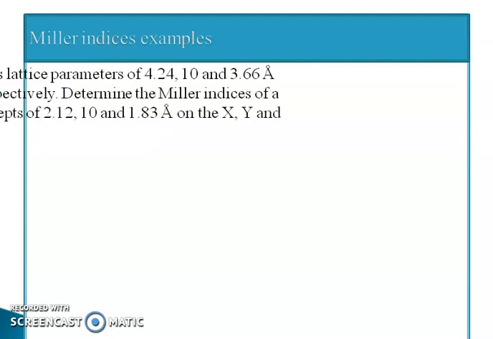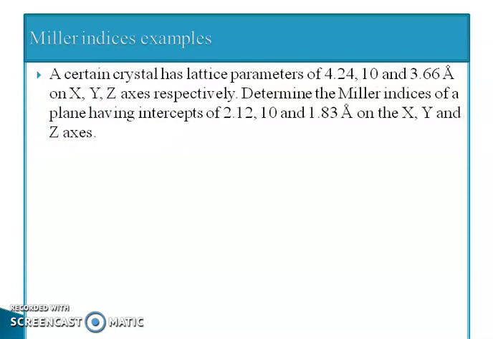This is one of the examples: a certain crystal has lattice parameters 4.24, 10 and 3.66 angstrom units on the x, y and z axis. Determine the Miller indices of the plane having intercepts 2.12, 10 and 1.83 on the x, y and z axis.